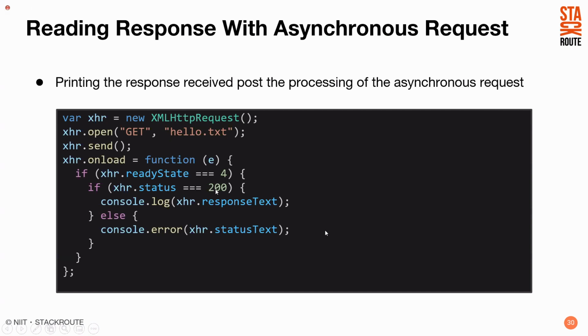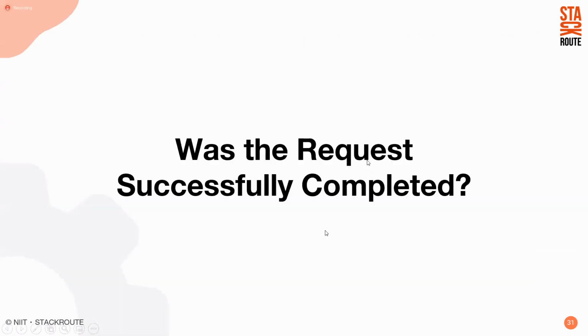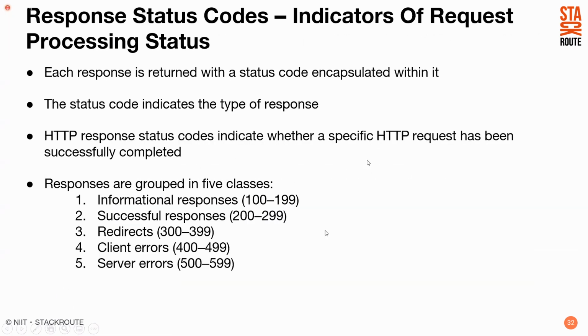If the status is 200, then I am retrieving the response text. Else, I want to display the status text, the error message. So whether whatever I am processing is successful or not, it will be indicated only with numbers.